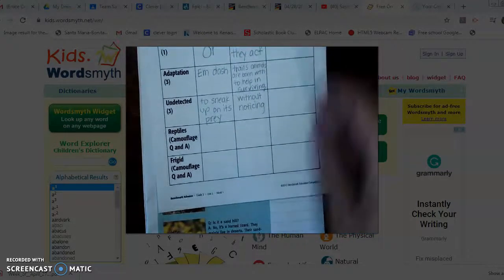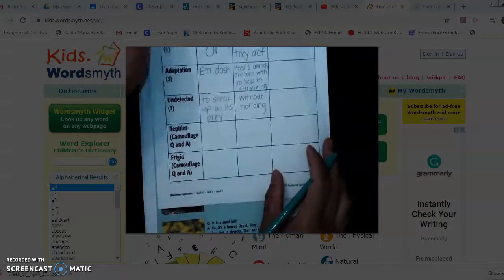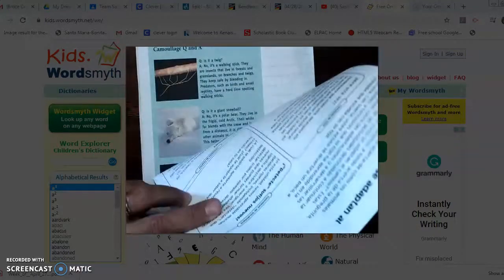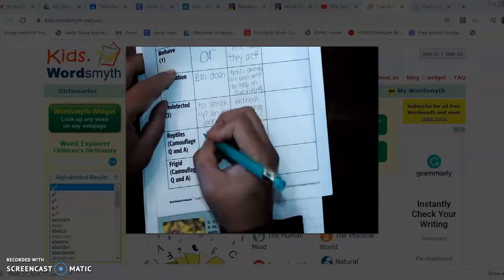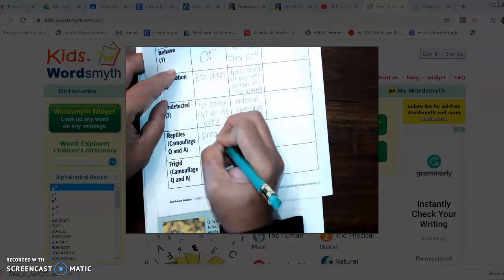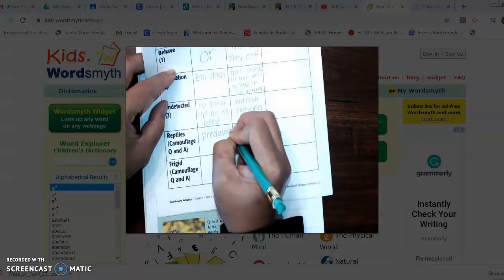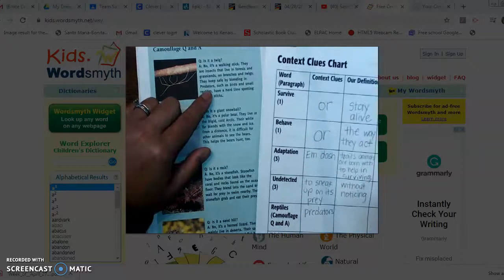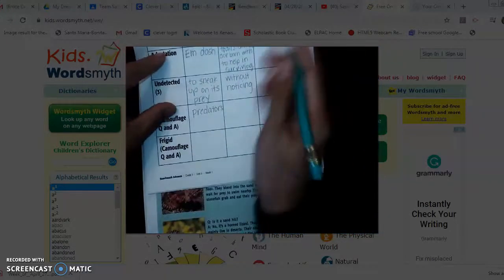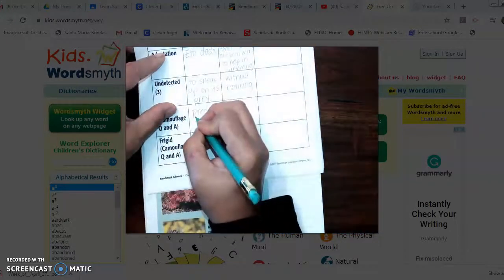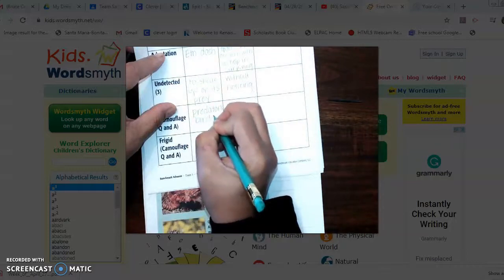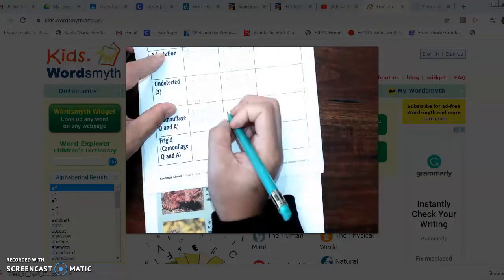So my word reptiles means, let's see, it says predators here, right? It calls it predator, and it's around the word bird too, birds and small reptiles.